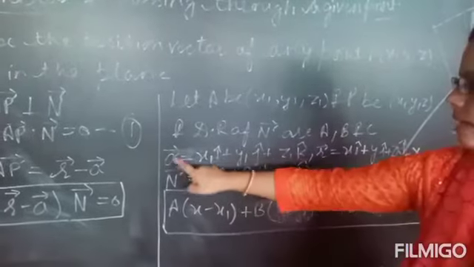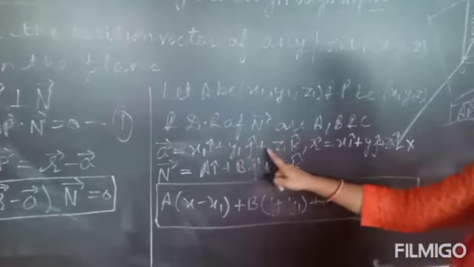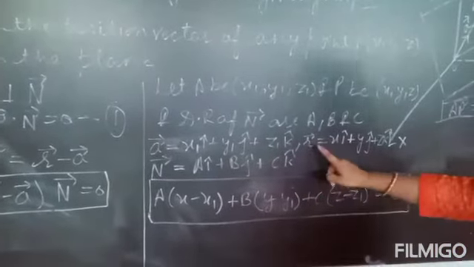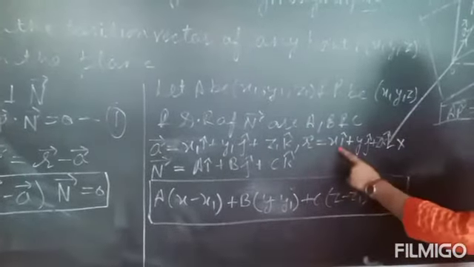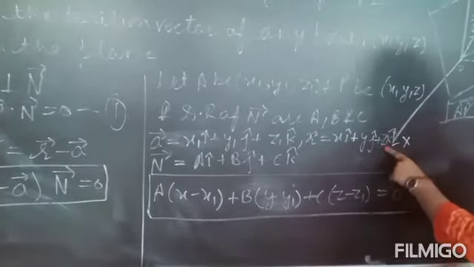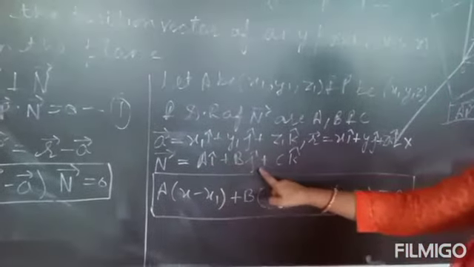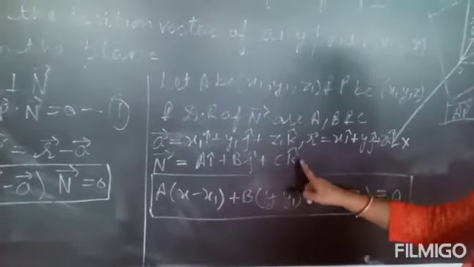So a vector is equal to x1 i cap plus y1 j cap plus z1 k cap, r vector is equal to x i cap plus y j cap plus z k cap, and n vector is equal to a i cap plus b j cap plus c k cap.